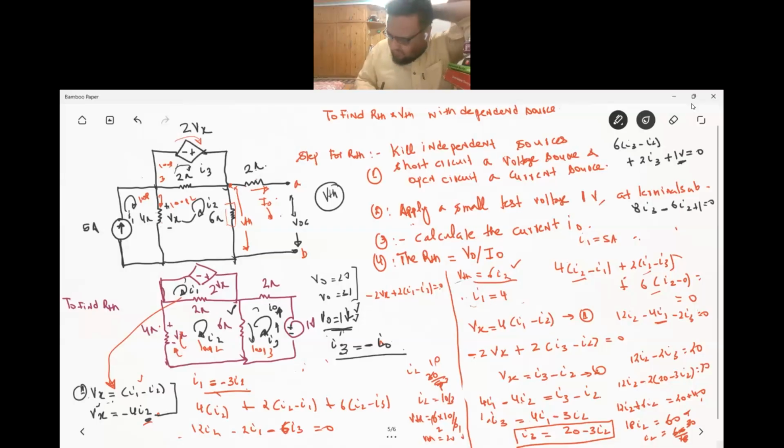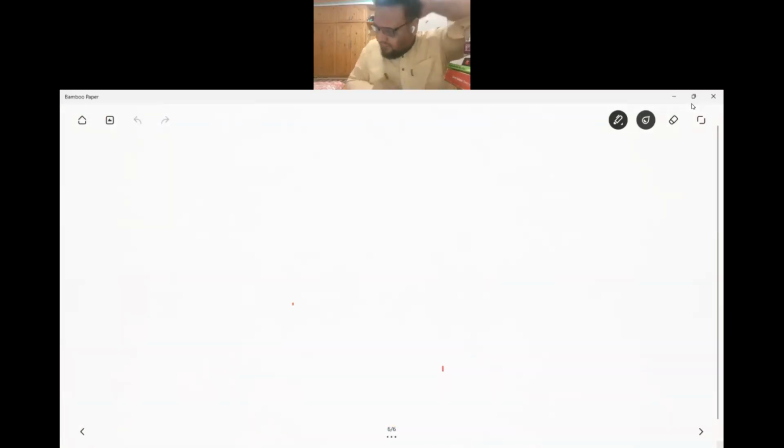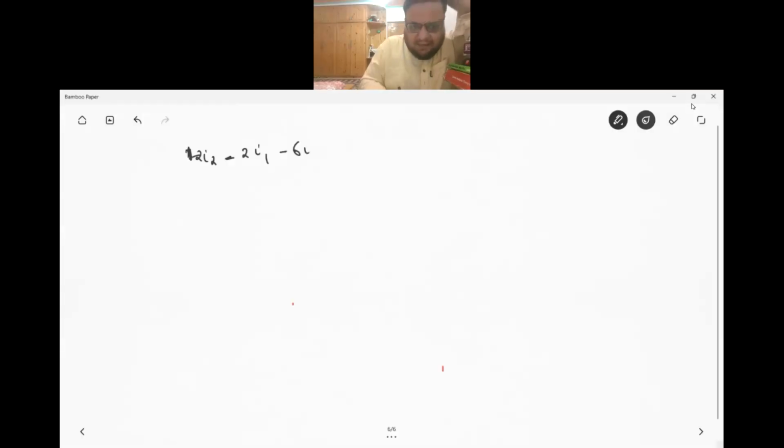So we have these two equations down here. One was my equation, the 4 I2 one. That equation I'll get as 4 I2 plus 2 I2, 6 I2, 12 I2, correct? 12 I2 minus 2I1 minus 6I3 equals 0.